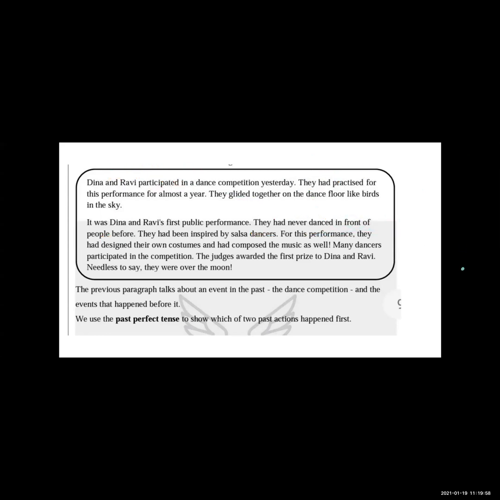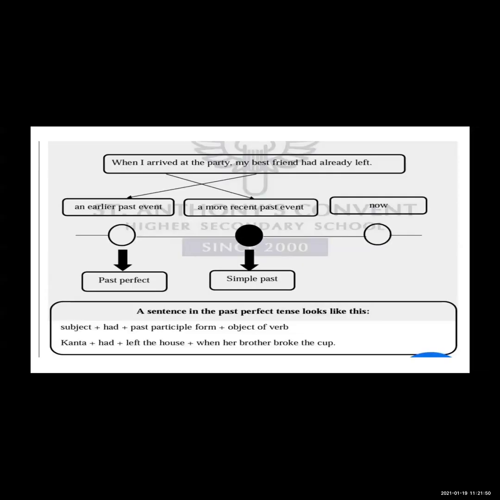We use the past perfect tense when we have to show an action that has been completed in the past. So first action, which action completed? Let us see the example. From the example you will understand which action is earlier, which action happened before.